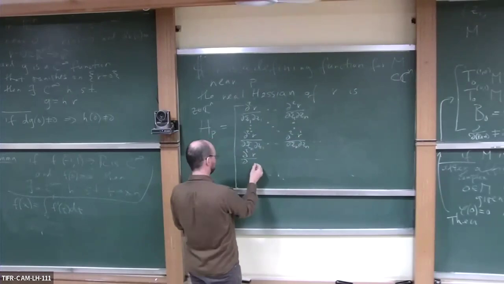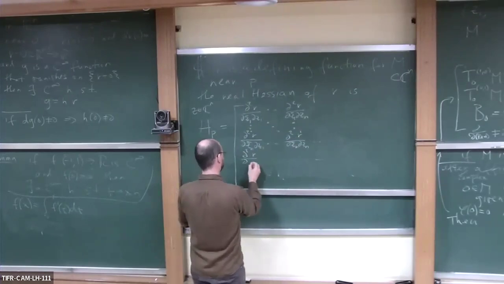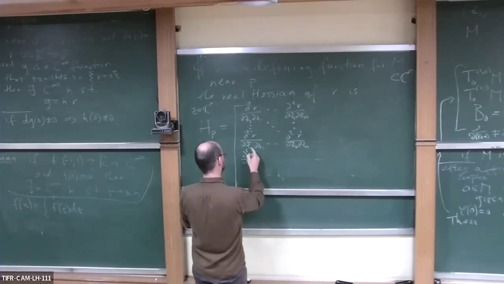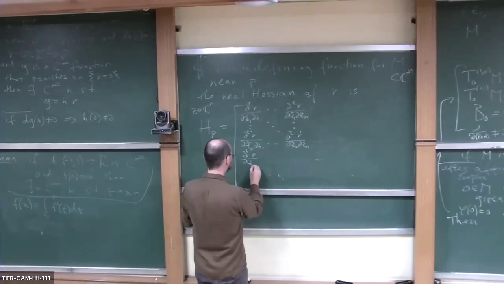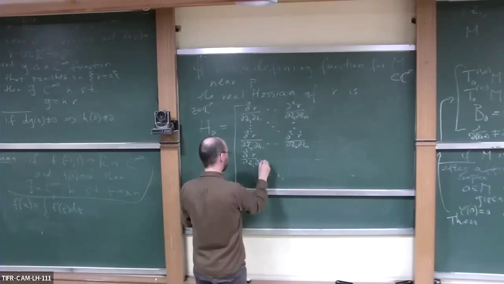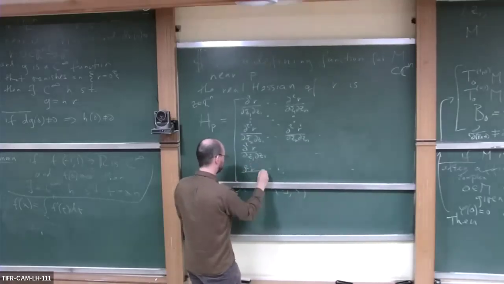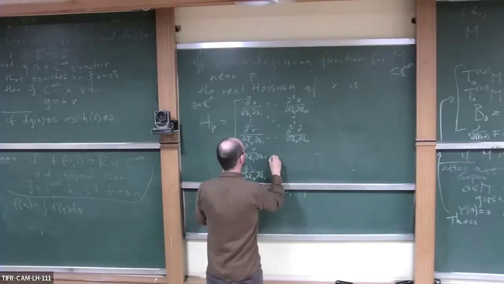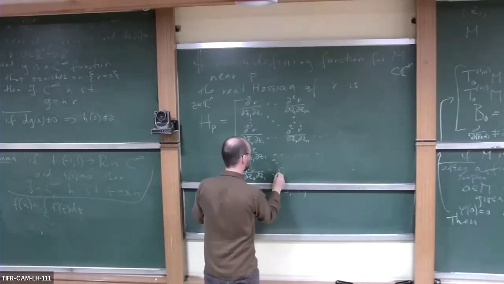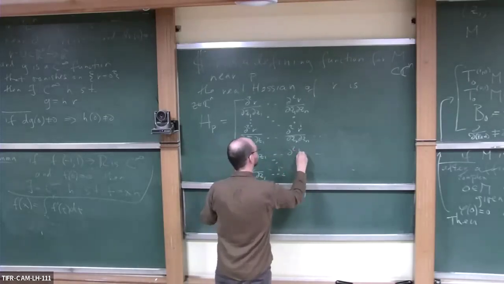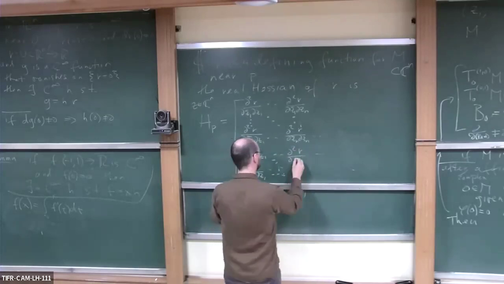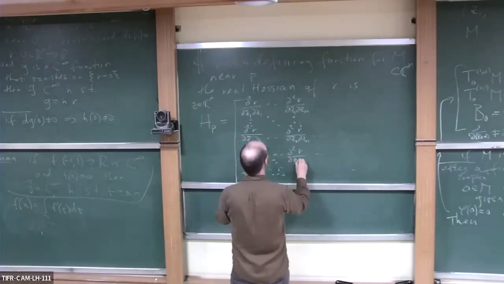Let me repeat the process. Right, so now I have the Z, so I have Z1, and over here I have Z1, right?